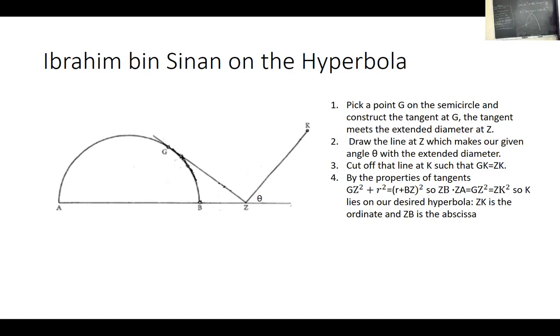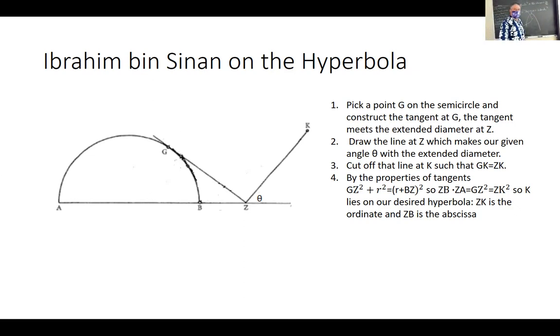And then that tangent is going to hit the extended diameter at some point Z. And then at Z, you put your ordinate with your given angle theta, because you can transfer angles, and you let this length ZK equal GZ. And so then the claim is that K lies on the hyperbola.